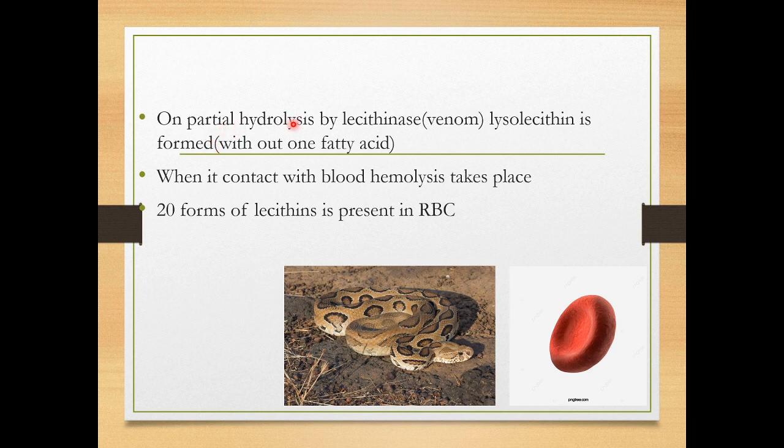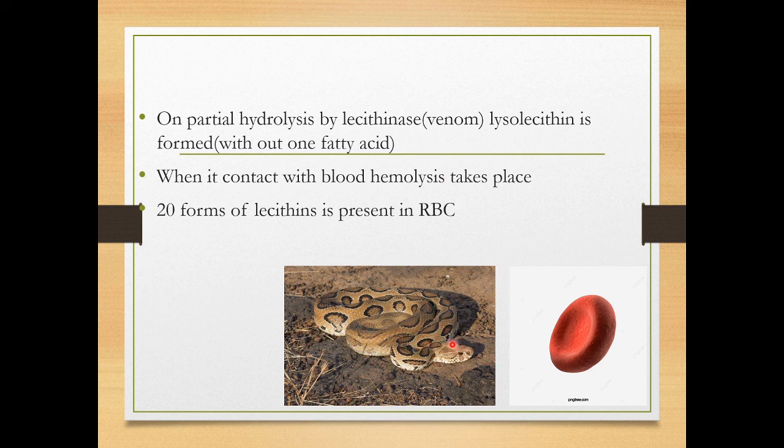Lecithin on partial hydrolysis by the enzyme lecithinase, a venom enzyme, loses one fatty acid. So when it contacts the blood, the RBC undergoes hemolysis. This is what happens with a viper.